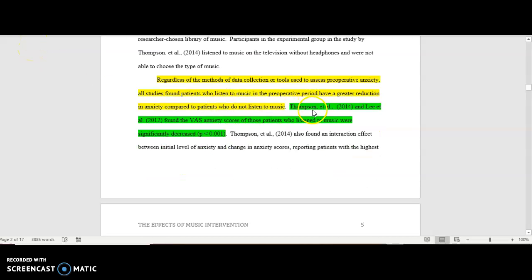The next sentence states that Thompson, which is one of the studies, and Lee, which is the other, found the VAS anxiety scores of these patients who listened to music were significantly decreased. So in these two studies, they measured anxiety with a visual analog scale, and then they give me a statistical reading here showing that there was significance in these two studies.